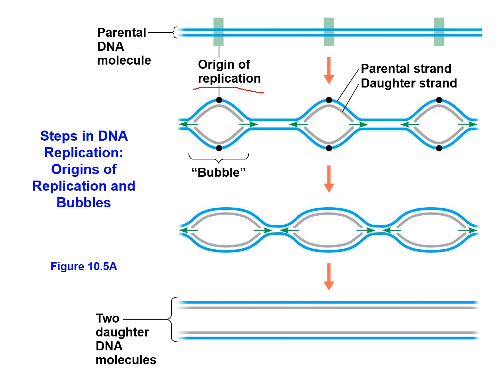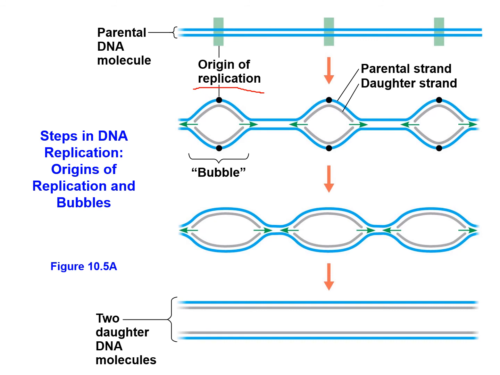Now another origin of replication. So they all start copying at the same time. So it untwists, it unzips, and you see the origin of replication, and it makes the copy going in both directions away from that origin. So you can see these black dots are the origins, and it makes the copy in both directions.